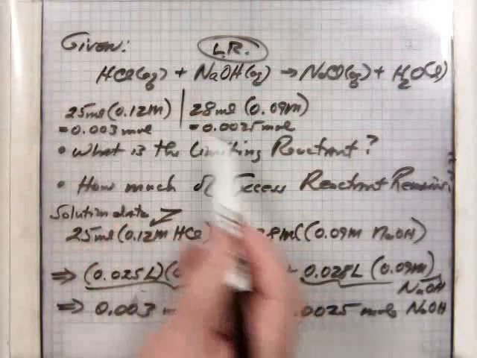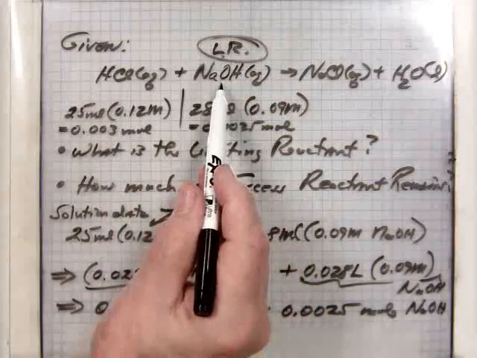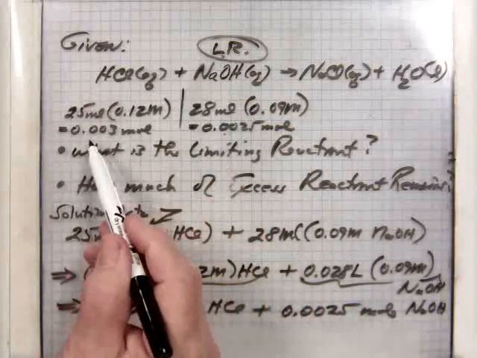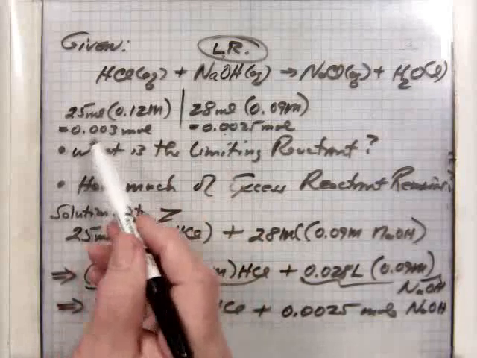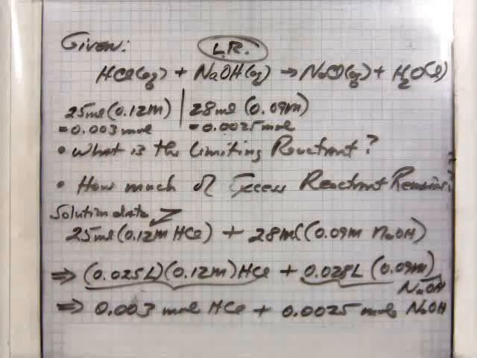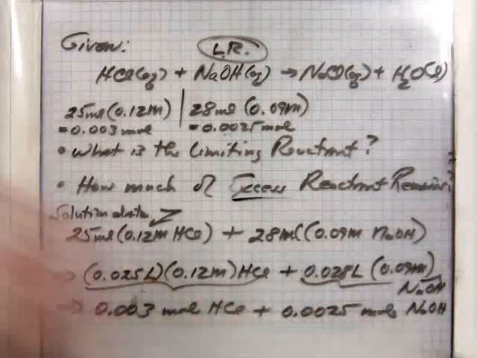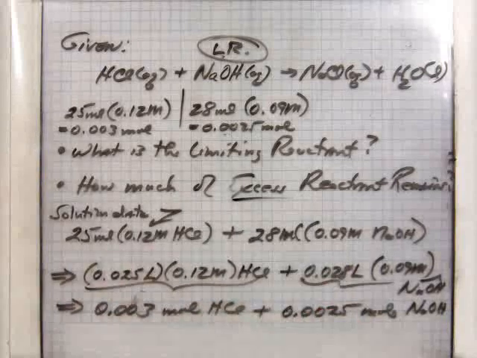Since it's a 1-to-1, if you use 0.0025 mole of sodium hydroxide, you're only going to use 0.0025 mole of the HCl. That's it. Everything else is the excess. How much excess will be left over? You can figure that in terms of moles.